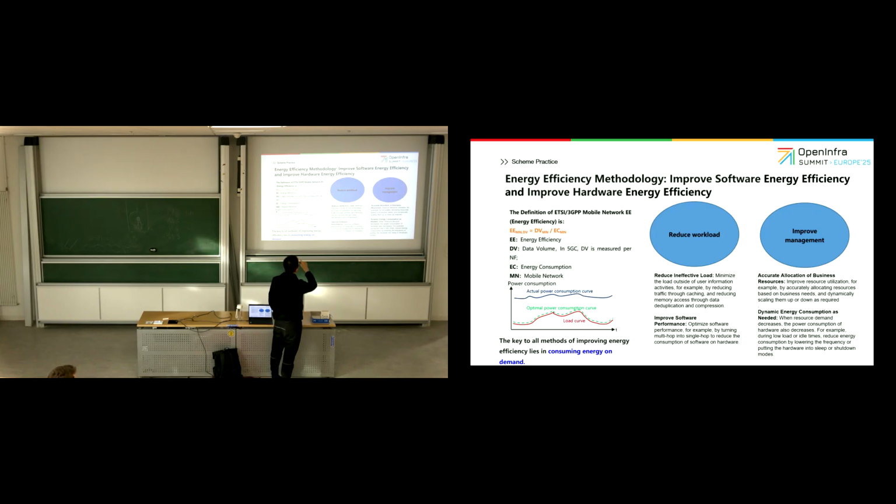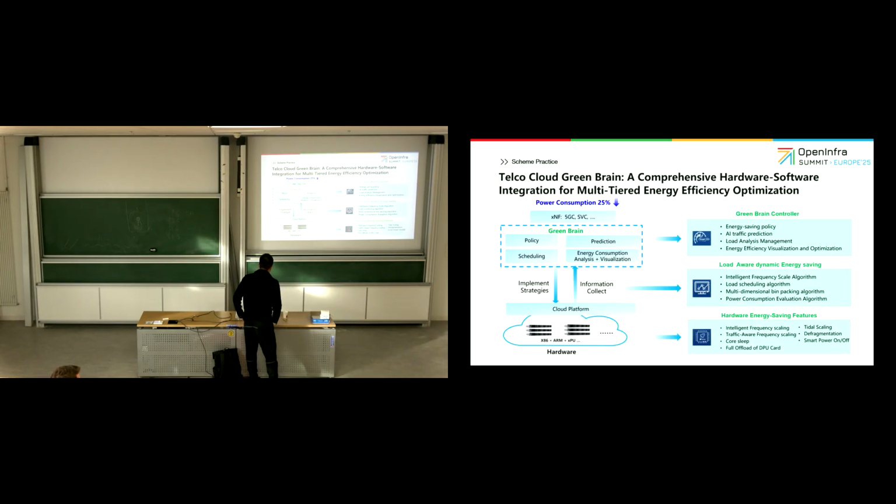One is that you allocate your resources accurately with no fragments, or you can dynamically manage the power you use for specific hardware. So when in low traffic or business, you can manage that. You can power off, sleep, or change some modes.